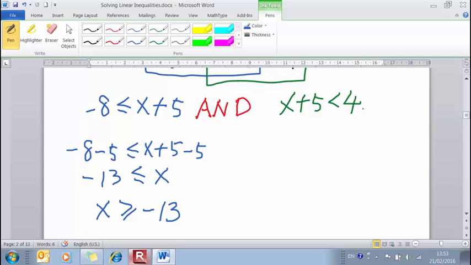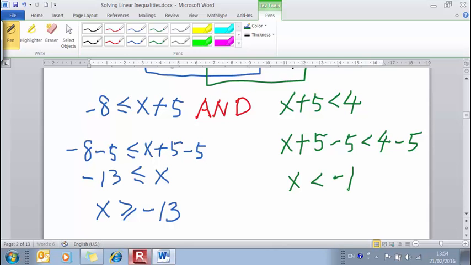Next, we will proceed to solve the second inequality in green, x plus 5 less than 4. We will first minus 5 on both sides. And then simplify. Now, the solution for the inequality in green here is x less than negative 1.